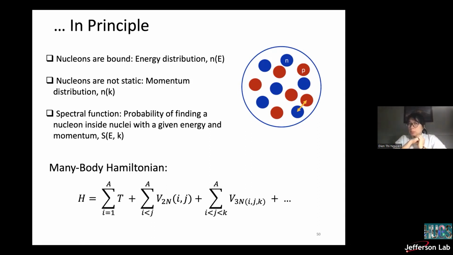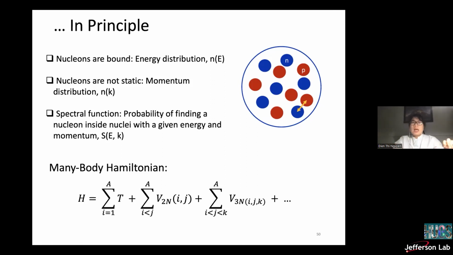One approach to study this nuclear structure is to write the Hamiltonian. This is a many-body object, so we can write the Hamiltonian for it. The Hamiltonian will have a kinetic term T here, then it will include the potential between any two of the nucleons, and then another term for any three of the nucleons, and so on.